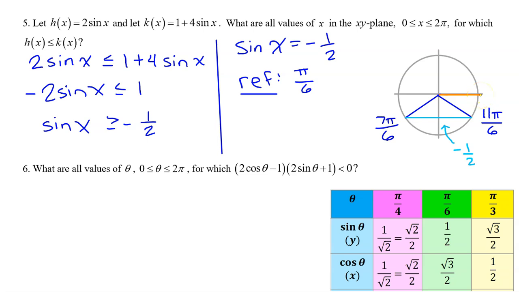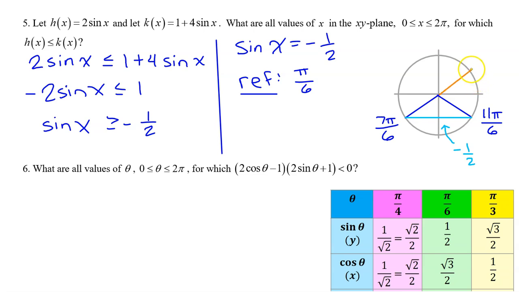So starting at 0, ask yourself whether this is a solution to the inequality. We want the vertical displacement to be greater than or equal to negative 1/2. The endpoint here is above the blue line, so this is a solution. So we start right off with a solution at 0.